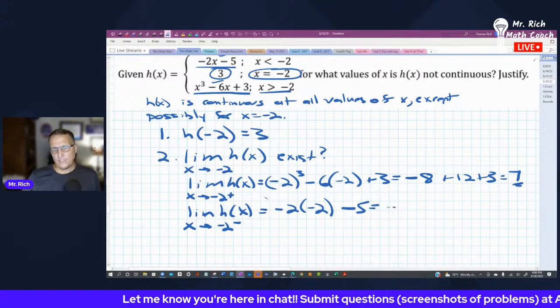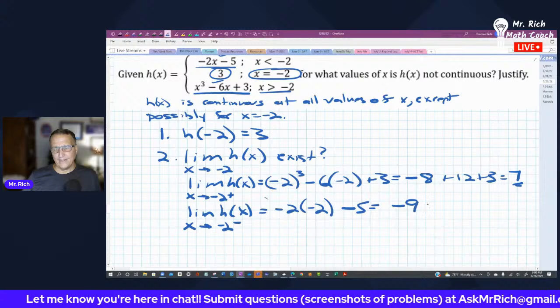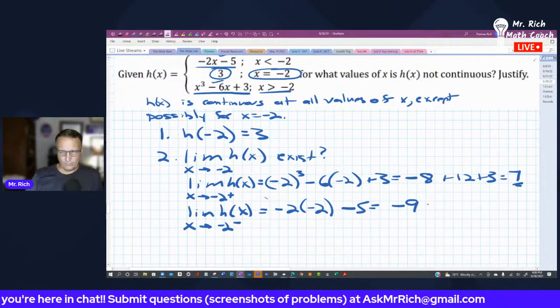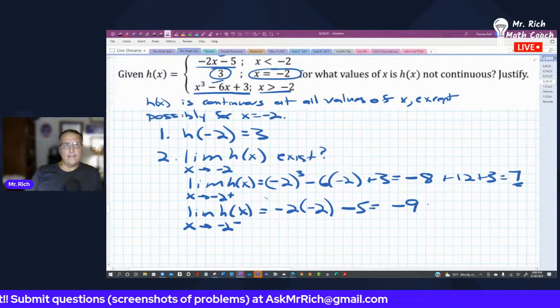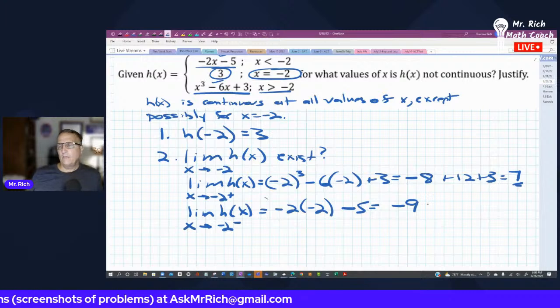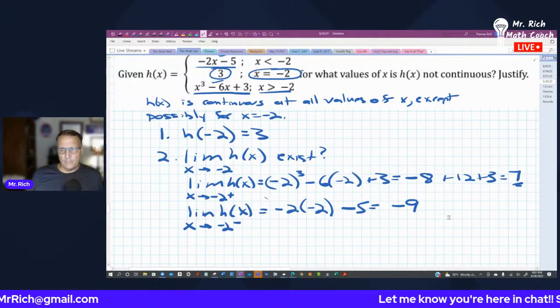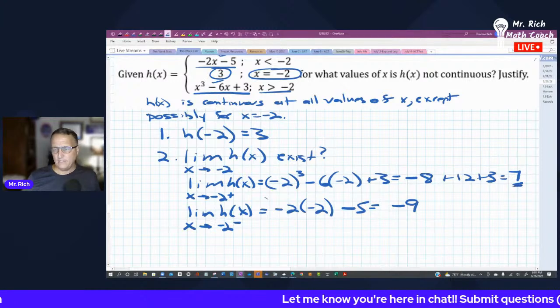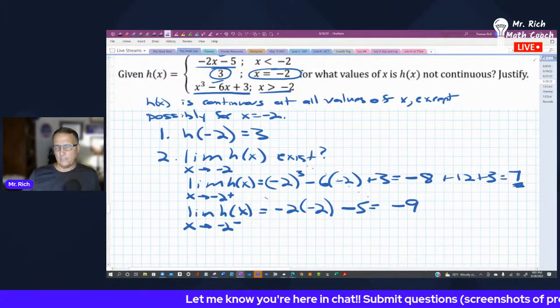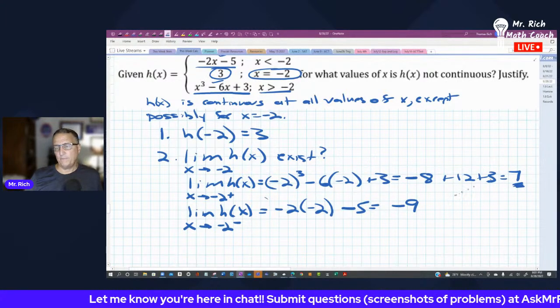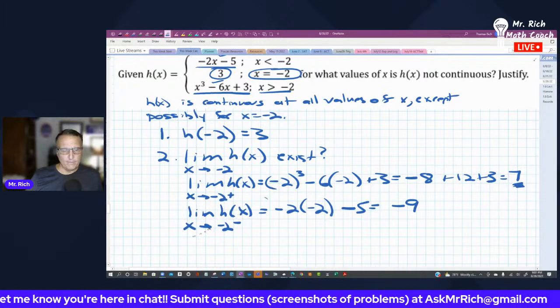So that's 4 minus 5, that's -1. So it looks like at -2 there is a discontinuity then, because the limit does not exist, because the left hand and right hand limits are not the same.